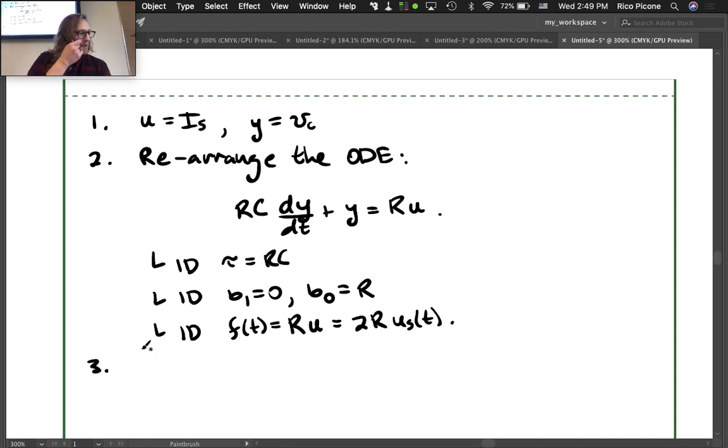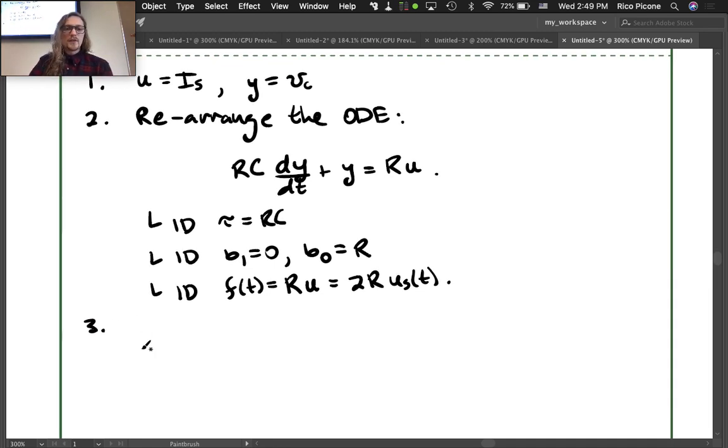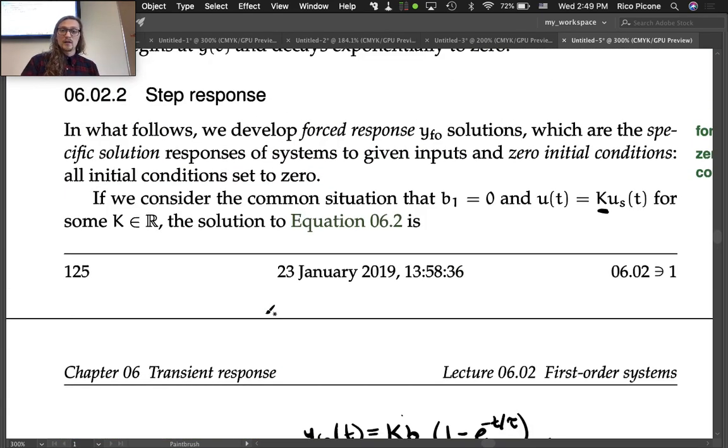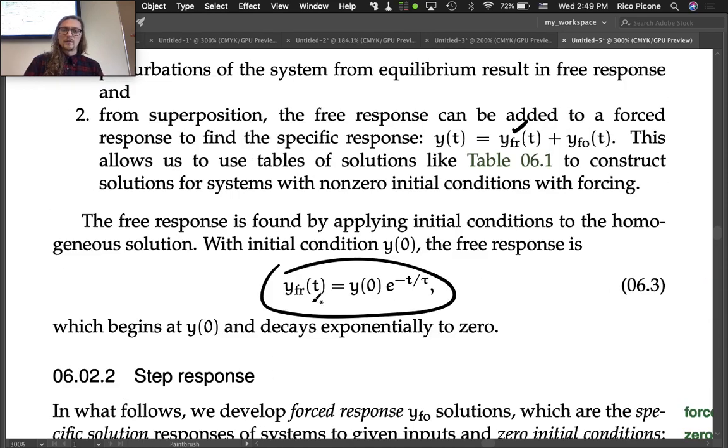Okay. So then let's use superposition in the table like it was suggested that we do. So let's find the free response first. We always find the free response for a first order system to be just equation 6.3, given there.